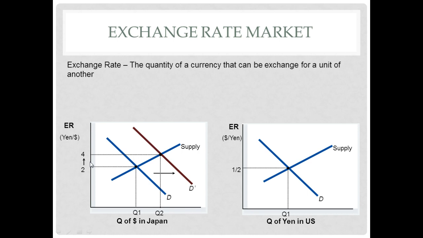Okay, now, if the price of the dollar went from 2 yen to 4 yen, something else must be true. The price of the yen must have decreased.